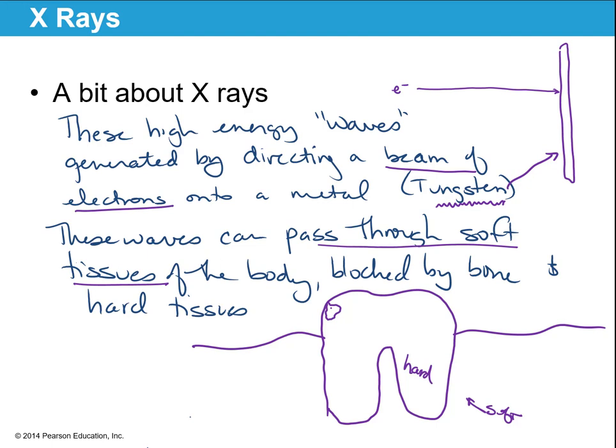Now, you fell, your arm's killing you, it's all swollen, you go to the emergency room and they say we've got to get an X-ray. It works the same way. They have you lay your hand down, there's a film behind it, and the X-ray machine is above. Again, in a super short period of time, X-rays pass through all the soft tissue. They cannot pass through bone.